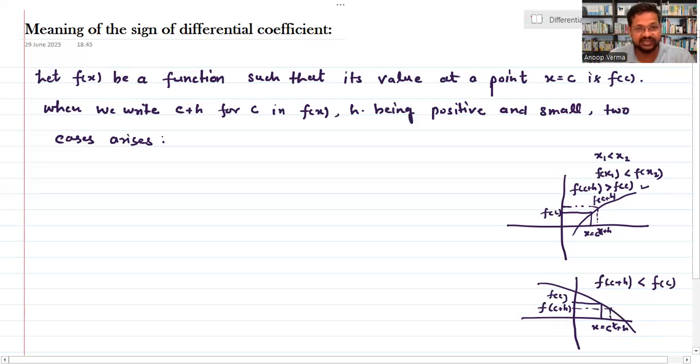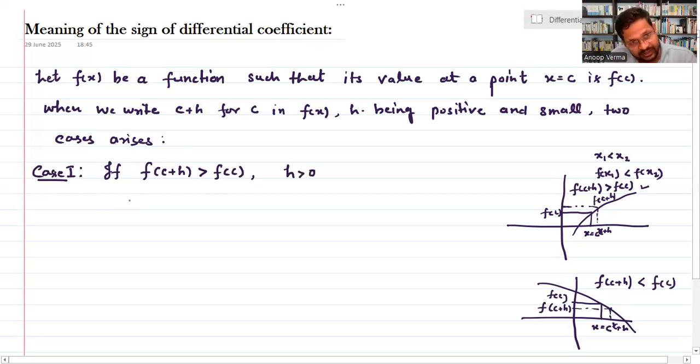Okay, so first let's study the case when the function is increasing, which means f(c plus h) is more than f(c). So case first is this. If f(c plus h) is more than f(c), and h is a positive number but very small, it implies f(c plus h) minus f(c) will be greater than 0.